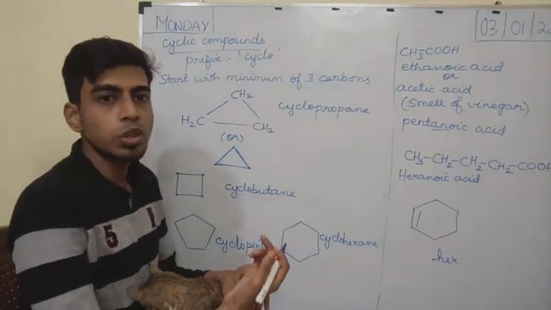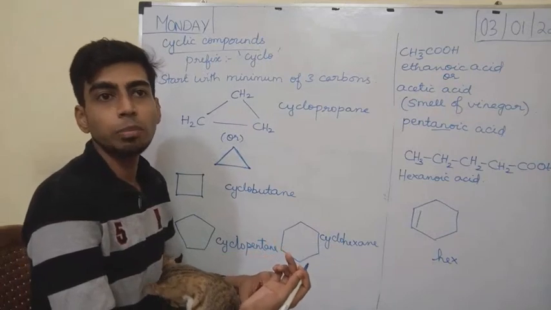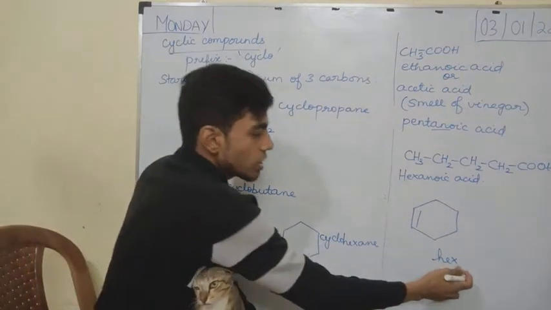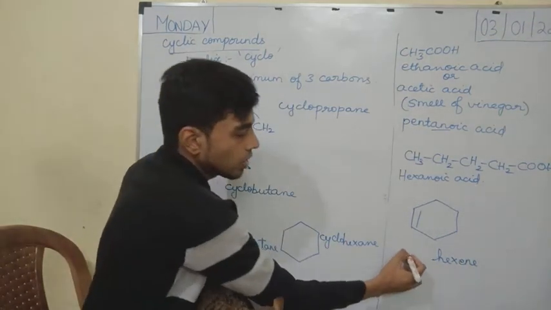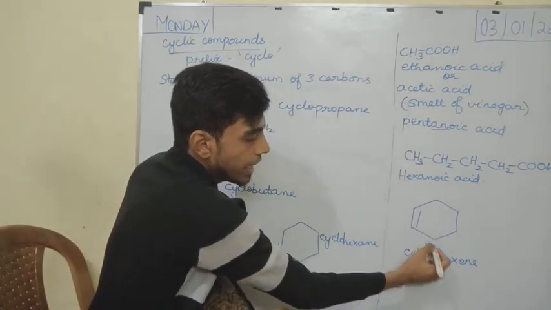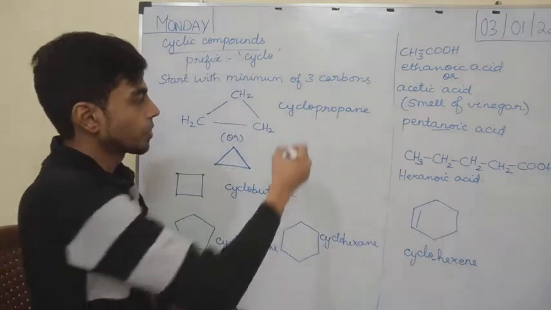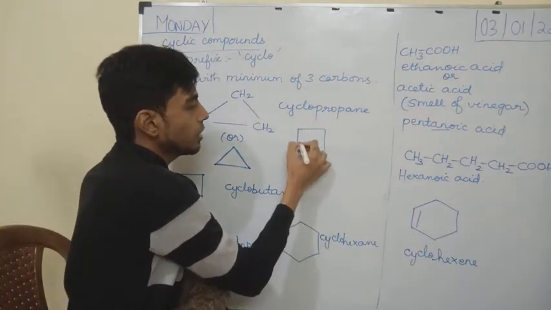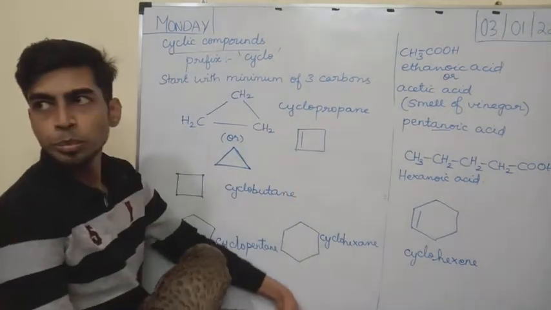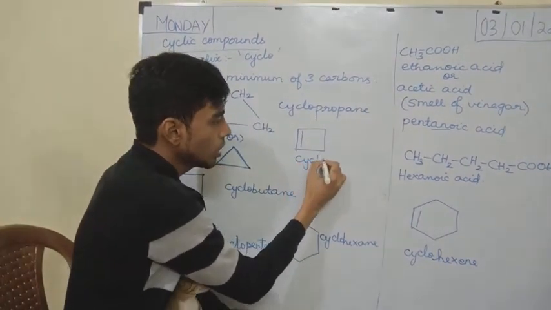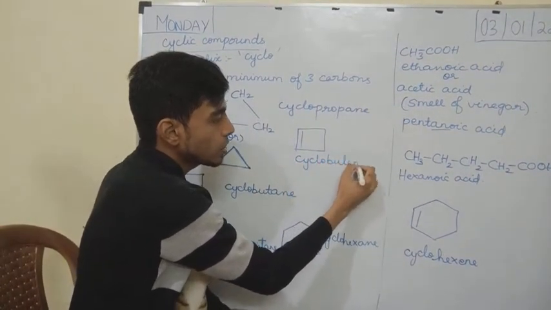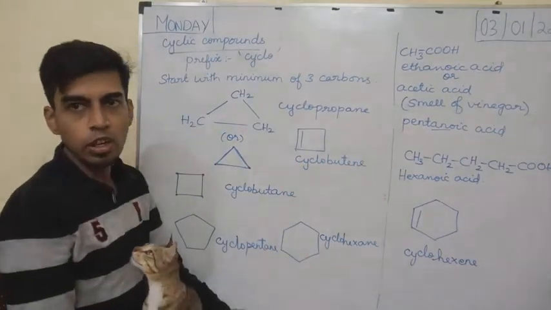When it comes to single bond and double bond, we should give preference to double bond. So instead of ane, I will write ene, hexene. Since it is cyclic, I will write cyclohexene. So what will be the name of this one? Butene. Yes, cyclobutene. Understood how to name cyclic compounds?